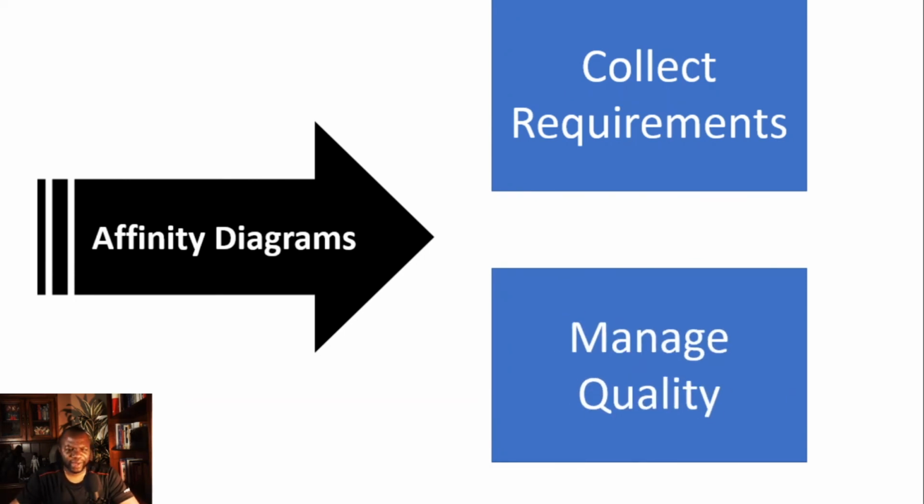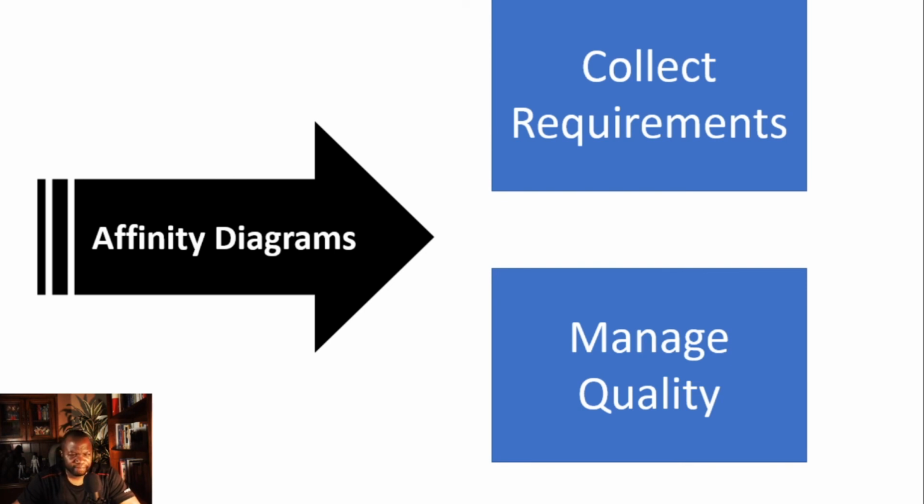Now, bear in mind, with that said, these are the places where they're mentioned. That is not to say that affinity diagrams cannot be used in other parts of quality management, because it could be argued that affinity diagrams can be used throughout quality, as you probably already know.